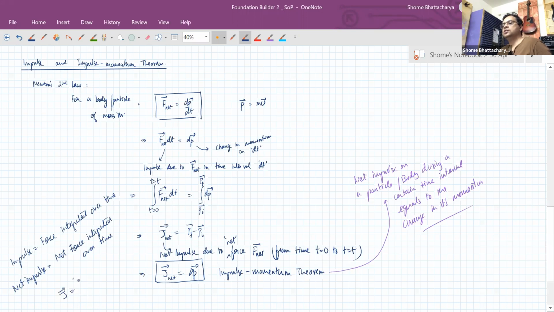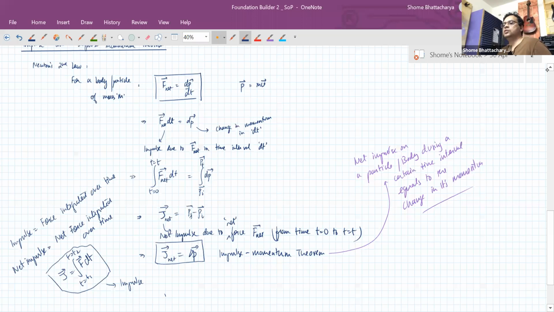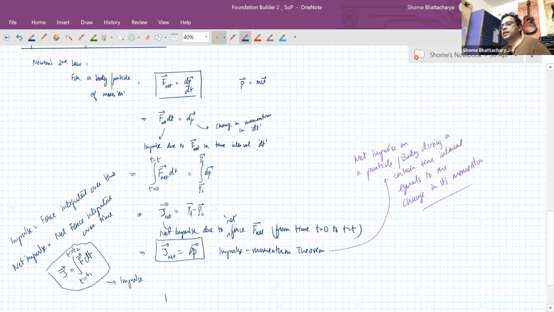So J is equal to integral of F dt from t equal to t1 to t equal to t2. This is the general definition of impulse due to a force F, from a certain time t1 to a certain time t2.